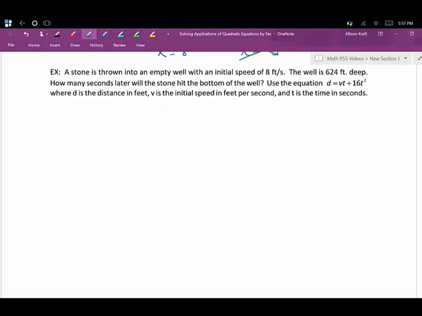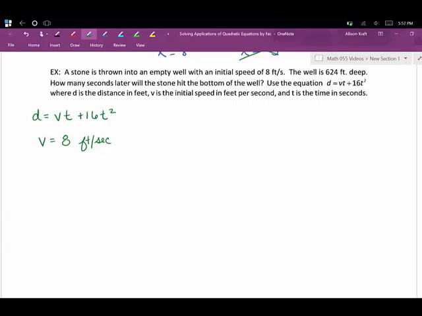So let's take a look at the information we have. We know we'll be using the equation d equals vt plus 16t squared. The initial speed is 8 feet per second. That's our v. The well is 624 feet deep.